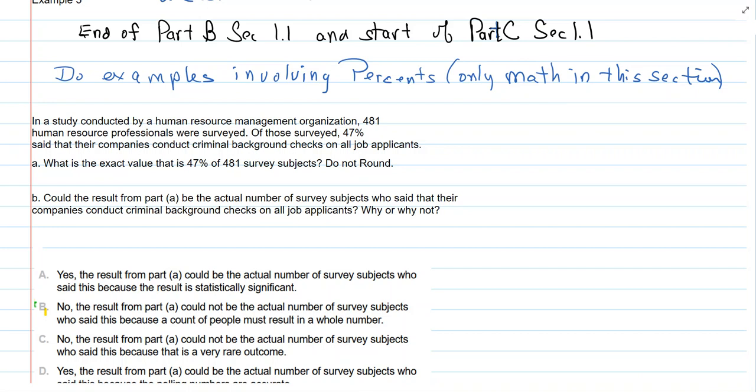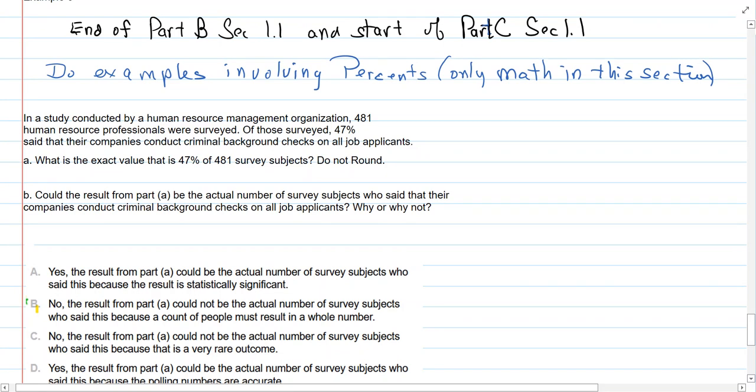Here we go. In a study conducted by a human resource management organization, 481 human resource professionals were surveyed. So 481 is the total human resource professionals surveyed.